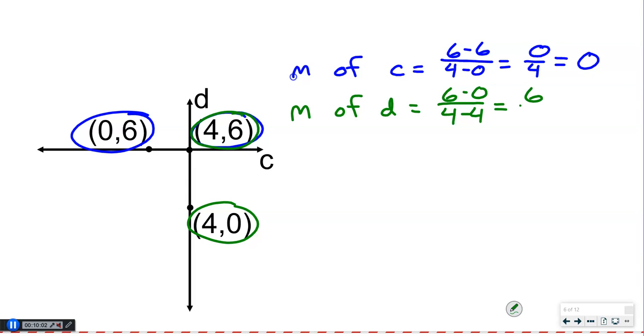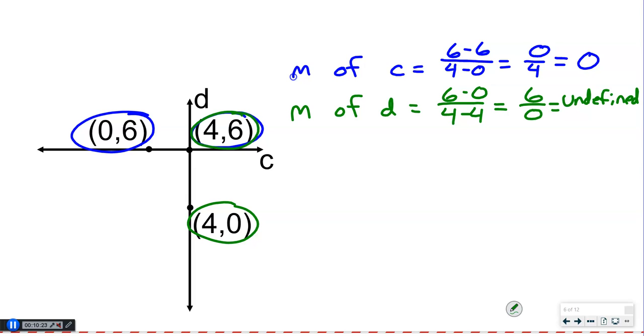So we get 6 over 0, which simplifies down. And anytime we divide a number by 0, it is undefined. You cannot divide by 0.